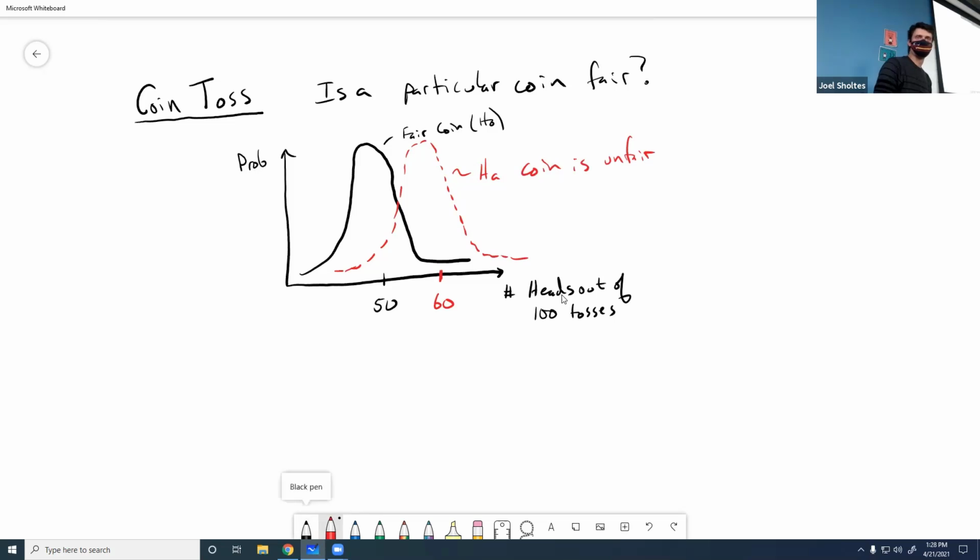And we could do a couple of things here. We could say, well, what's the 95% confidence interval around a fair coin? Based on this, it turns out that, just in this example, our confidence interval is plus or minus 10 coins. So if I do 40 right here, then the area under the curve between these two values, 40 and 60, is 0.95. So this is our 95% confidence interval.